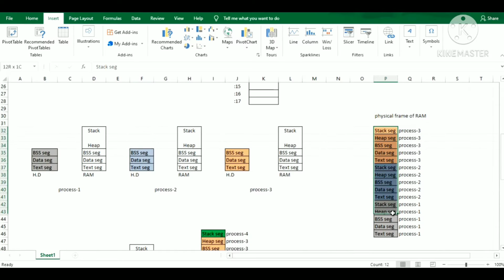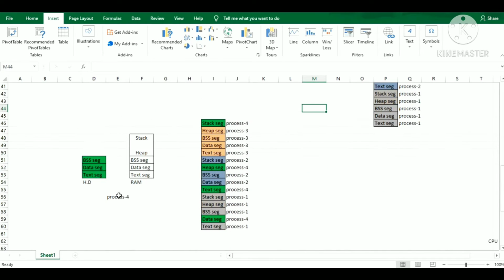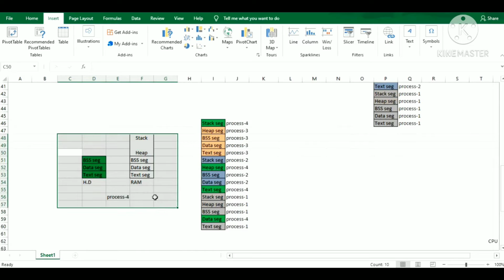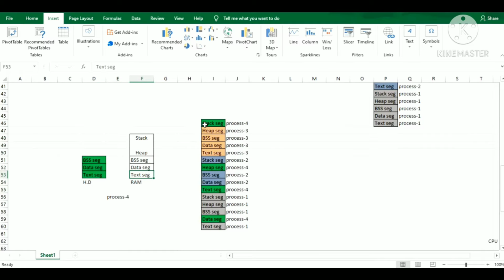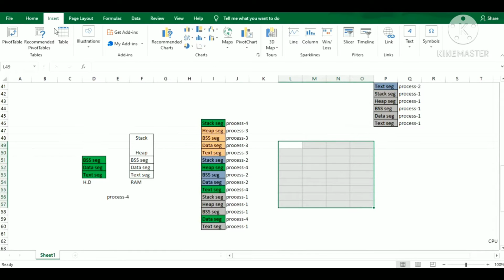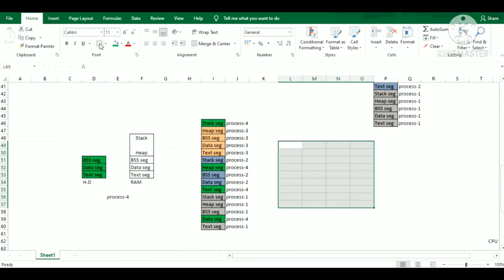Actually, multiple processes are running in our system. I have shown only three. If another process comes in for execution, at that time in the physical frame of the RAM, those segments which are not used for a long time are placed into the hard disk.